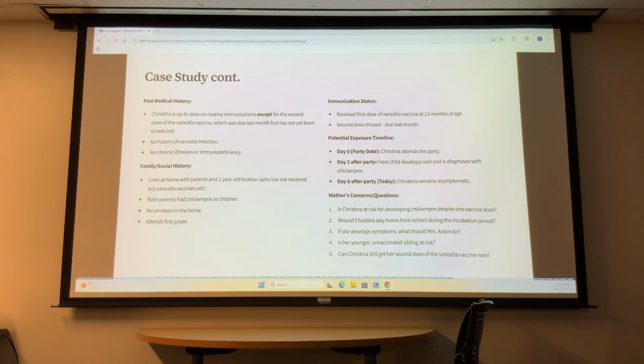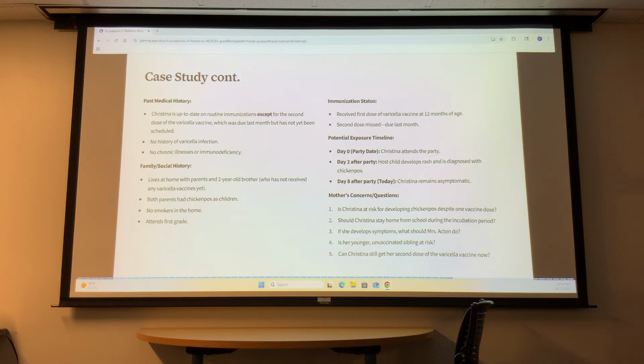What is the incubation period for chickenpox? AI says 14 to 16 days. 10 to 21 days from day of exposure. Right, from 10 to 20 days.